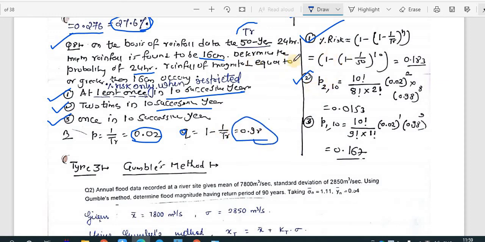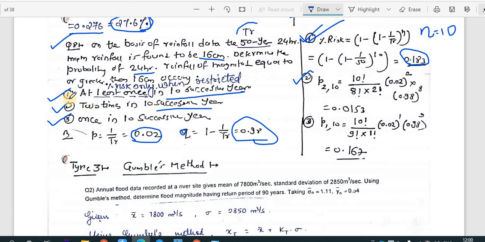Now the percentage risk can be calculated: 1 minus bracket 1 minus 1 by TR to the power n. In all the cases the events are occurring for 10 successive years, so n will be 10, and this will be equal to 0.183.